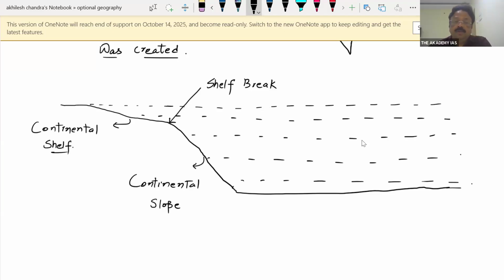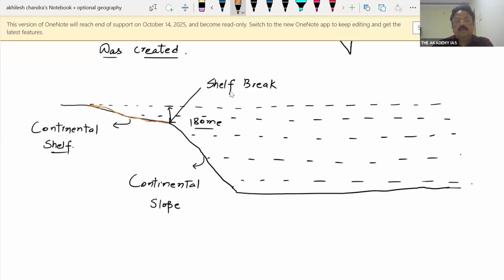Continental shelf up to the depth of 180 meter. This is what we call continental shelf.